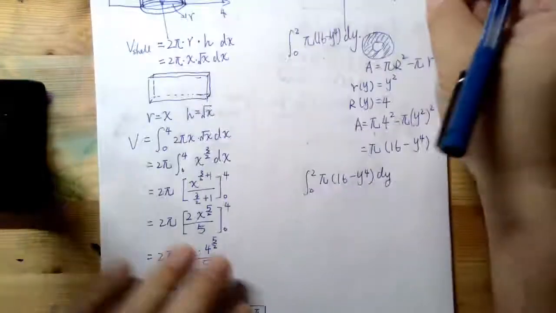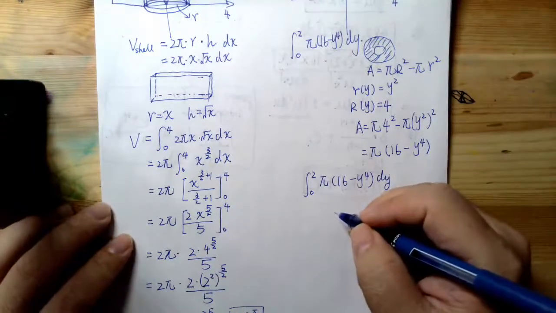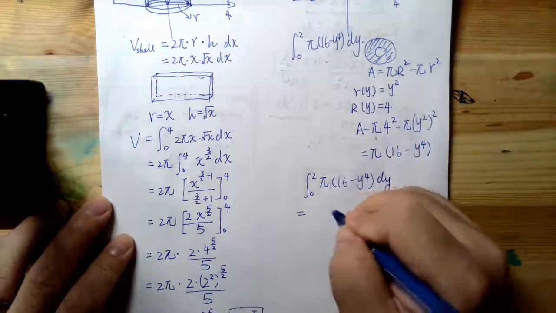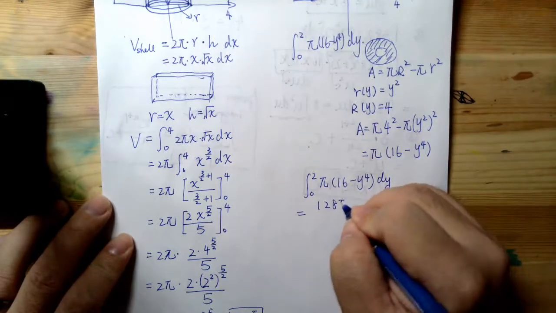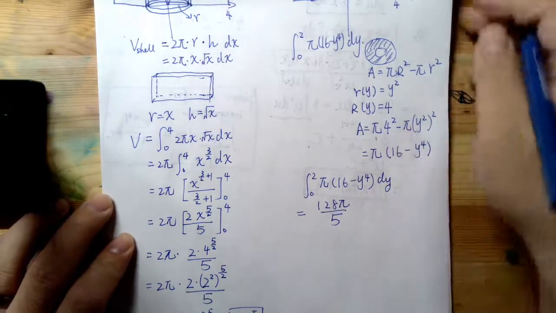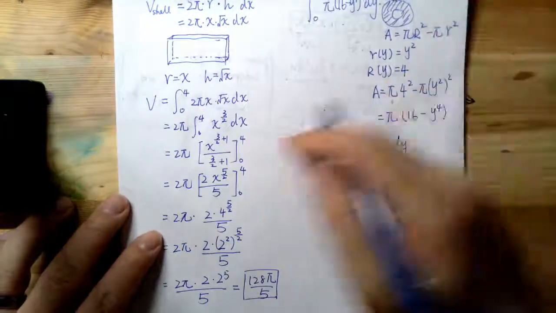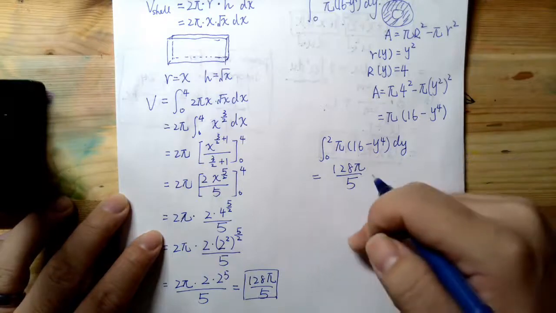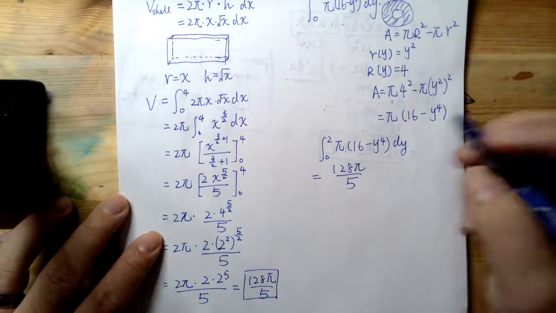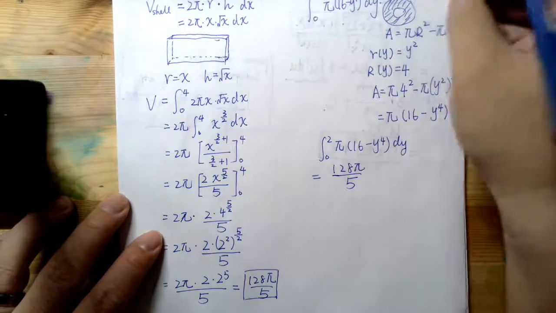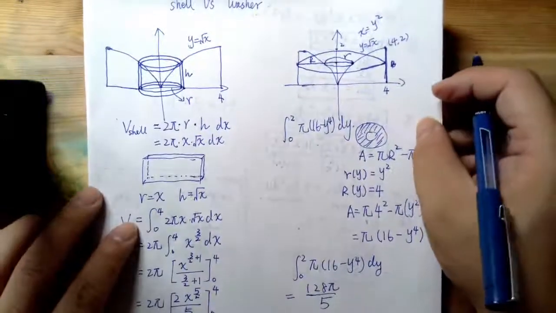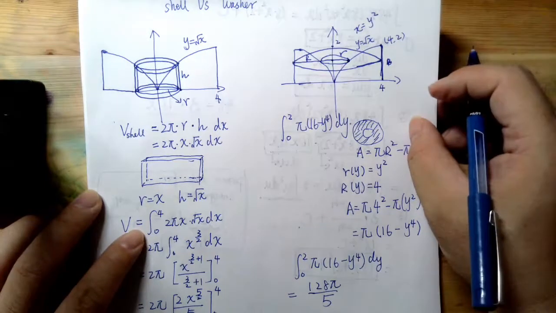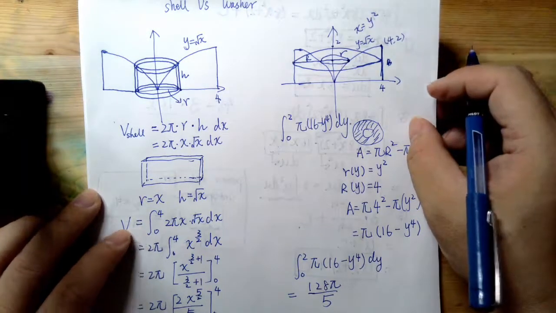Believe it or not, guys, the final answer is also 128 pi over 5, because we are solving the same problem with two different methods, and the answer should be exactly the same. Before we close this part, let me add a little comment.